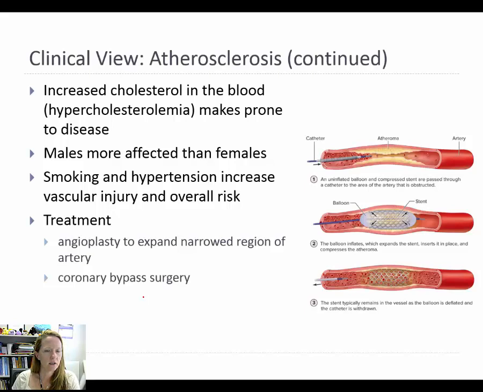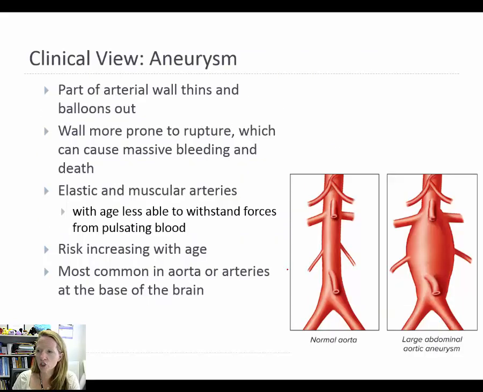And then aneurysms, another issue that can happen with arteries, and this is again going to mainly be in the elastic and muscular arteries, but with the elastic arteries it kind of makes sense. It's whenever the elasticity is worn out over time, or hypertension can cause this as well. It wears out the elasticity of the fibers, and so the wall becomes really weak and it thins out and starts to balloon out like this.